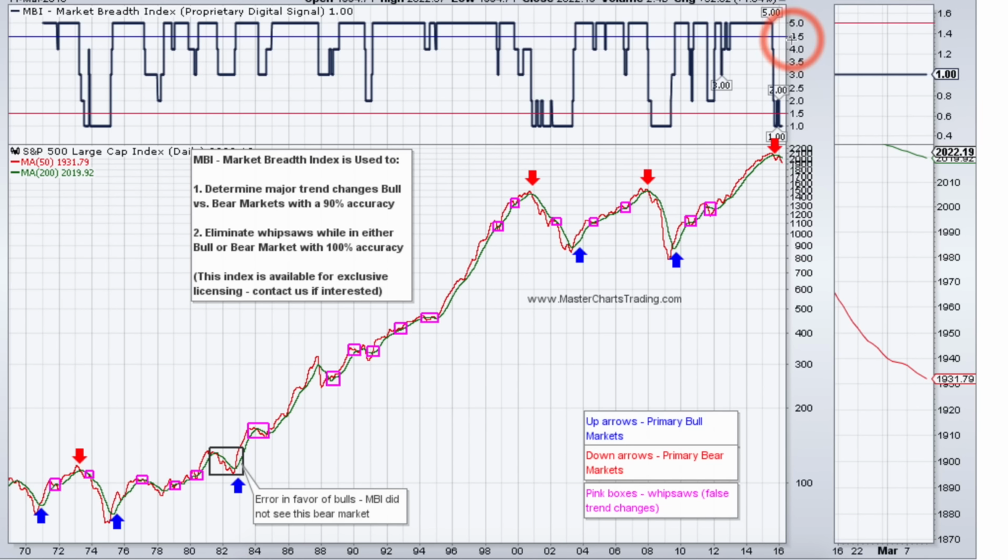Now, this week, I received an email from Tom McClellan, publisher of McClellan Financial Publications, a very respected technical analyst. He mentions that the McClellan Oscillator had its highest reading in 7 years, right here.